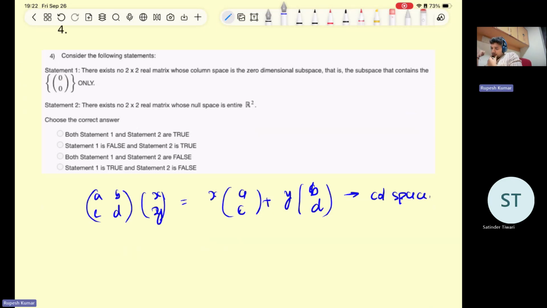The claim is that there is no matrix such that the only space is (0, 0). Can you tell me some matrix? Can you give us a contradiction to this statement?